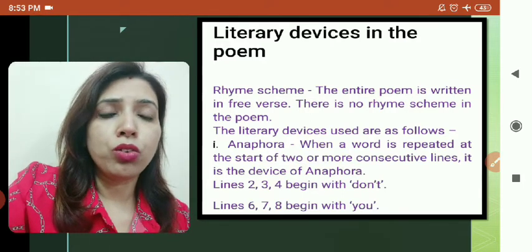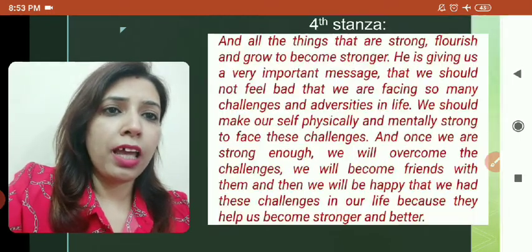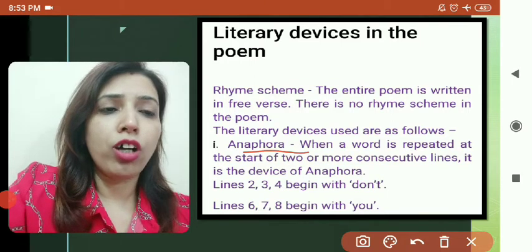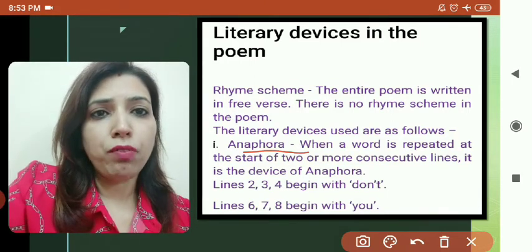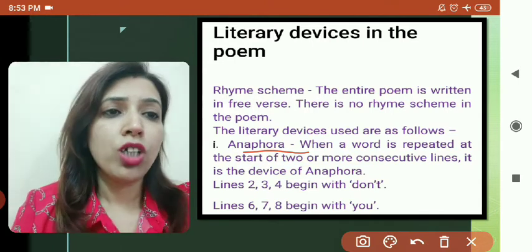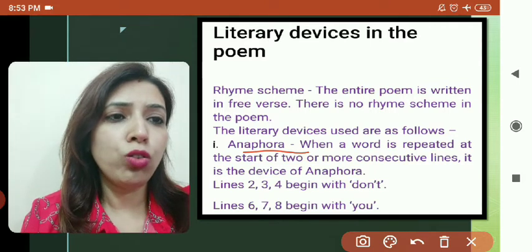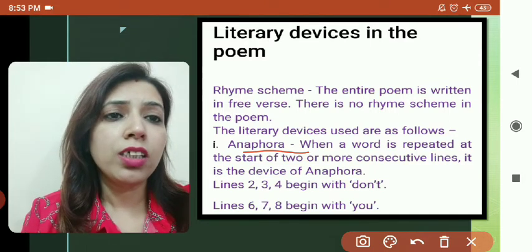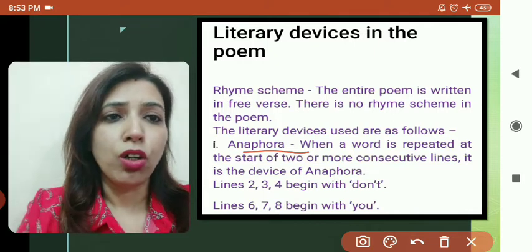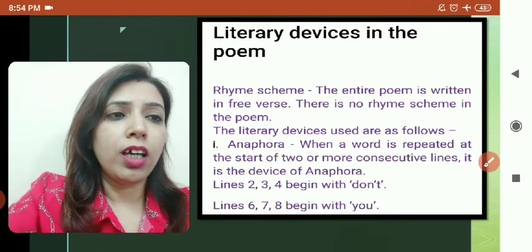Now, I will come to the literary devices which are being used in the poem. First is anaphora. What is anaphora? Anaphora means when words are repeated from the start of two or more consecutive lines. Where is anaphora used?